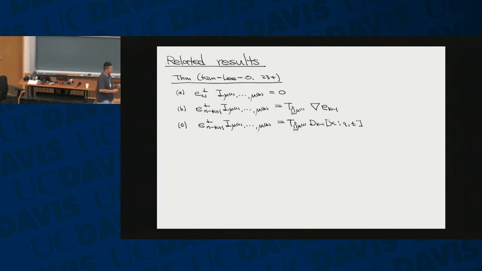And if you skew this by the appropriate e, so e_{n-k+1} perp, then what you obtain is a scalar times the character of diagonal coinvariants.